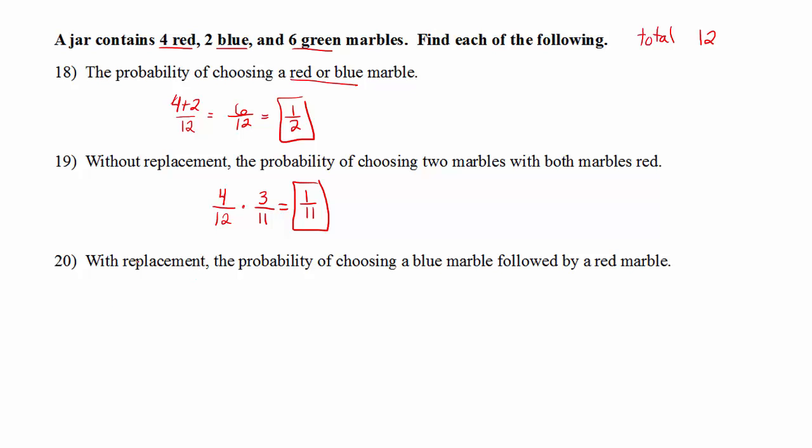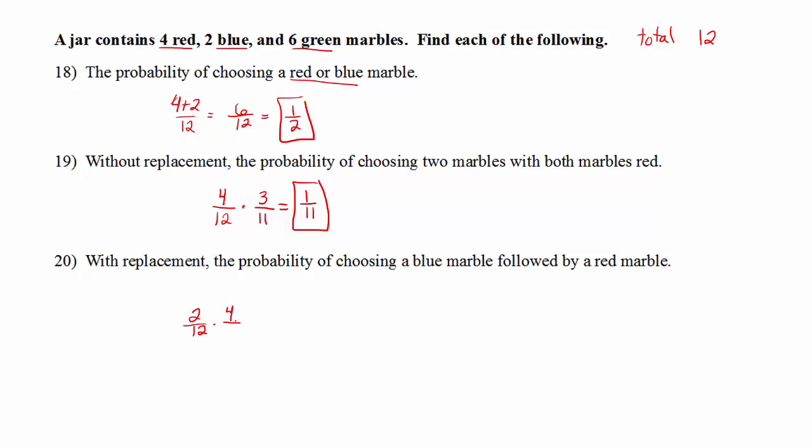The opposite of that is to say with replacement, and so that means that whatever marble we take out the first time, we're going to put it back in, which means that the two probabilities are not affecting each other. Like we're going to do the probability of choosing a blue marble, which is 2 out of 12. But then we're saying, I took out a blue marble, I'm going to put it back in, and now figure out the probability of a red marble. Since we put it back in, that's 4.